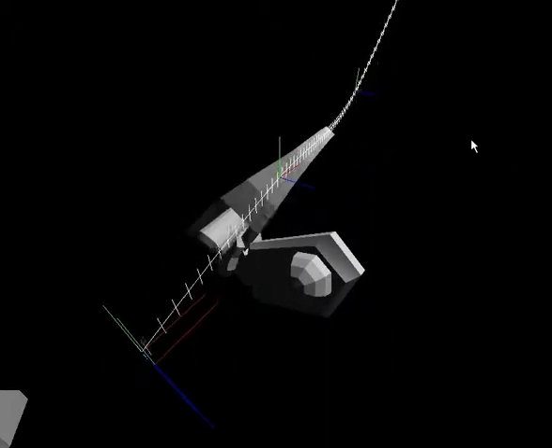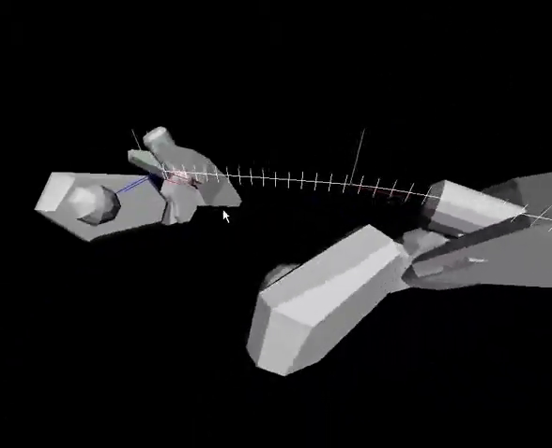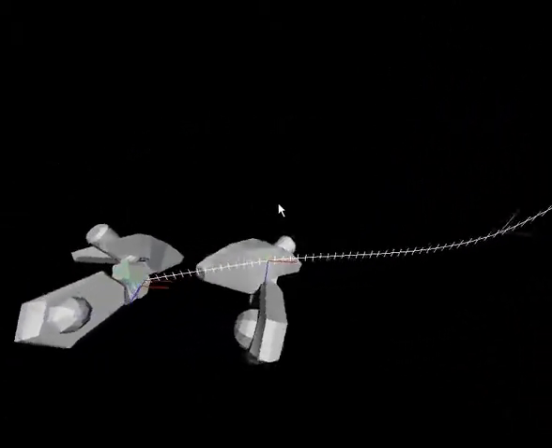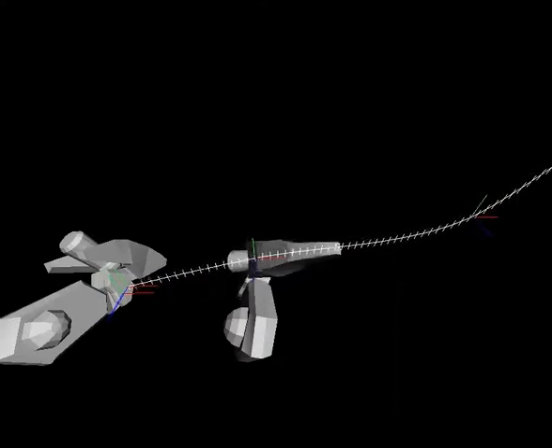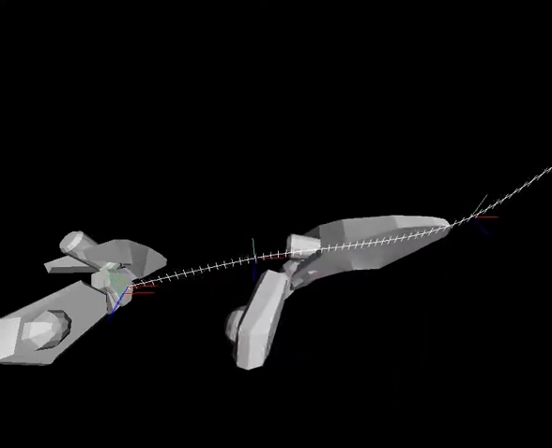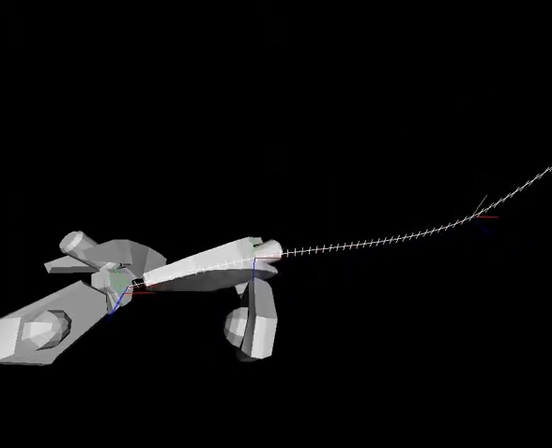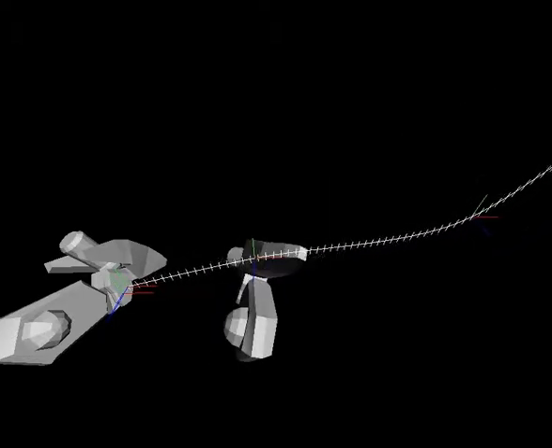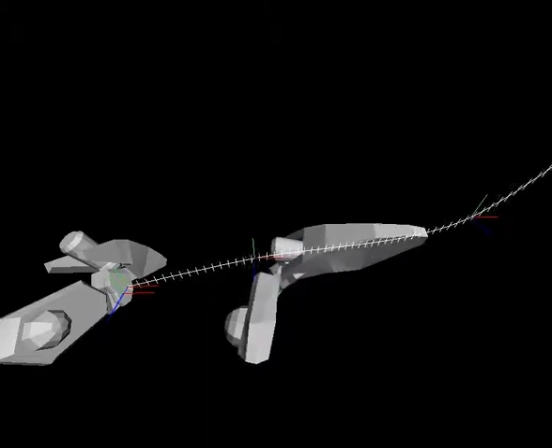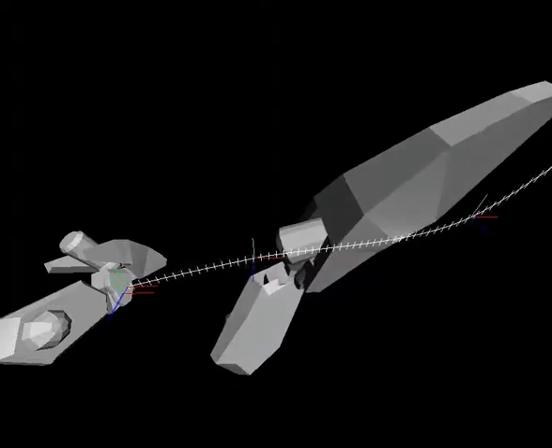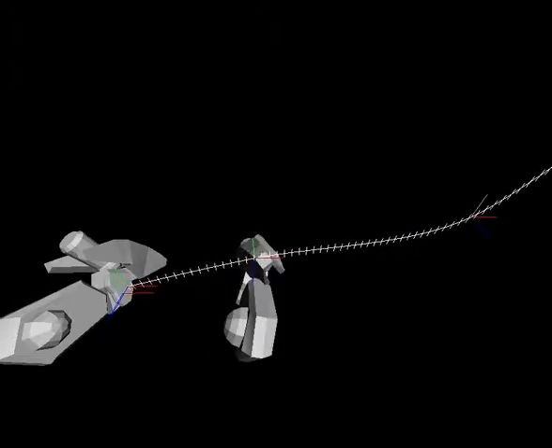So the fourth IK solver that I created was basically going back to the roots, doing a cyclic coordinate descent, but this time instead of actually rotating the bones, I would only take the positions of each bone end and rotate that around its root.